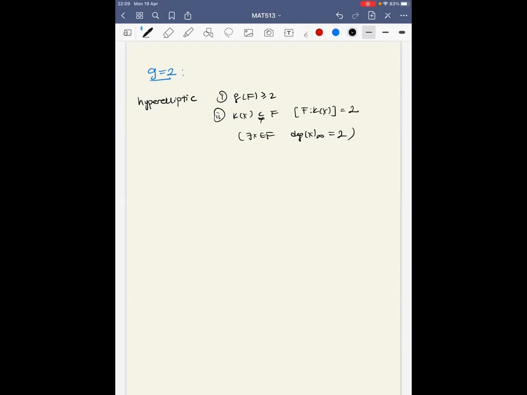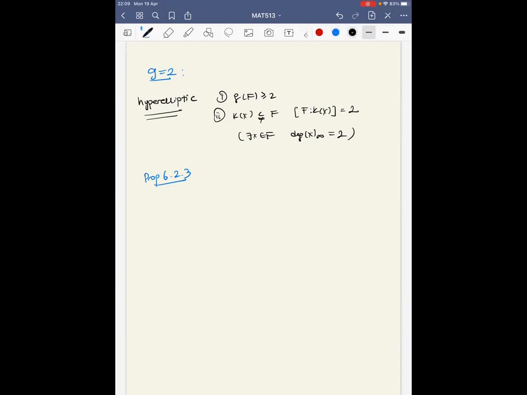And when I explained the hyperelliptic function fields, what I didn't explain was their explicit equation form.